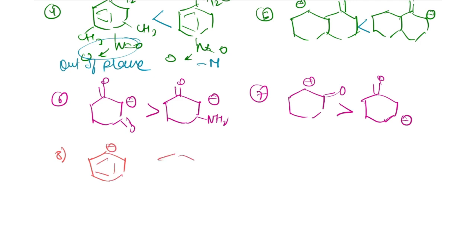Here we have the negative charge state. Here this is the resonance again. So sp2 hybridized and sp3 hybridized, the carbanion formed by removing the hydrogen.